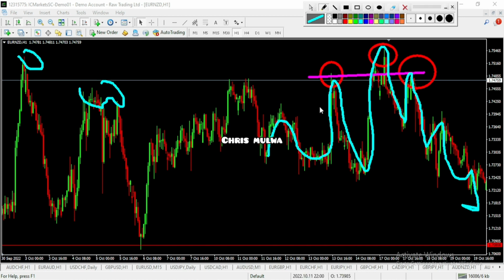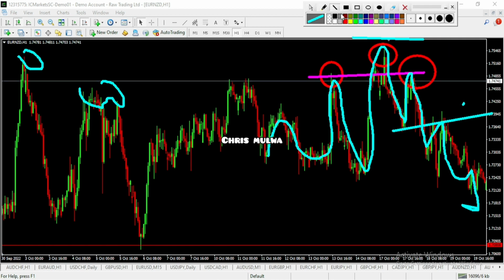This chart is the Euro NZD, the New Zealand dollar. So NZD here became stronger than Euro. That's why it is reversing. My entry will be here. I'm very safe when it comes to entering. I will sell at that position. Then my stop loss will be somewhere above here.